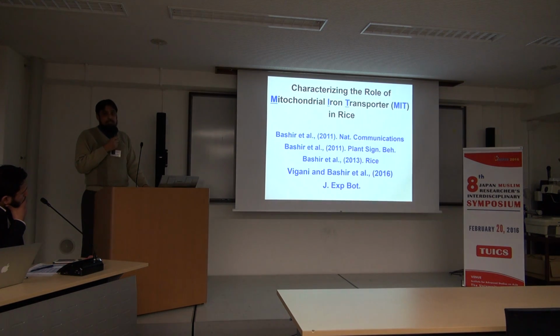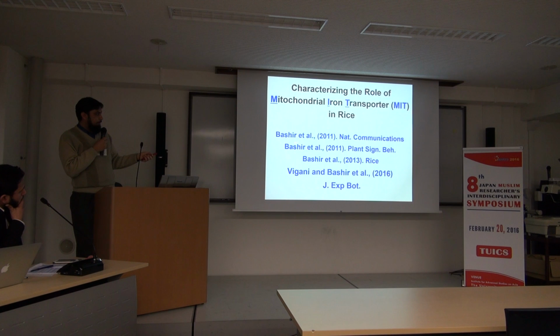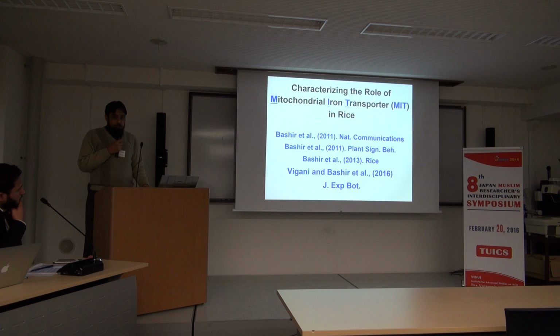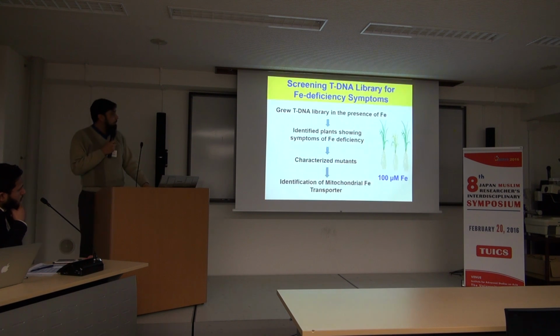We have also been involved in the subcellular transport, how plants transport these metals from cytoplasm to mitochondria or others. This is very pure molecular biology. We have published this in Nature Communications, Plant Signaling and Behavior, and very recently in other journals. So this was the first report in the plant kingdom.